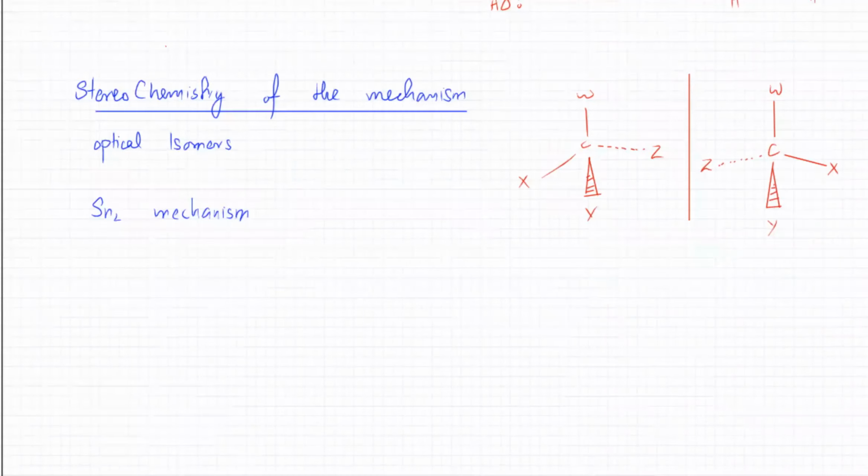Now let's talk about the mechanism. What happens to the mechanism when you have SN1 or SN2? Let's talk about the SN2 mechanism. Now let's assume here's a chiral carbon atom, and it's a halogenoalkane.